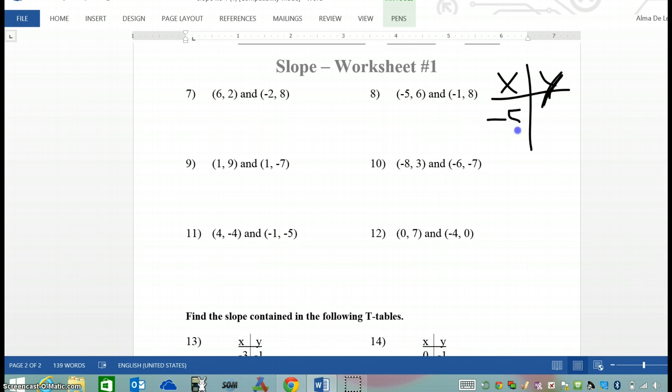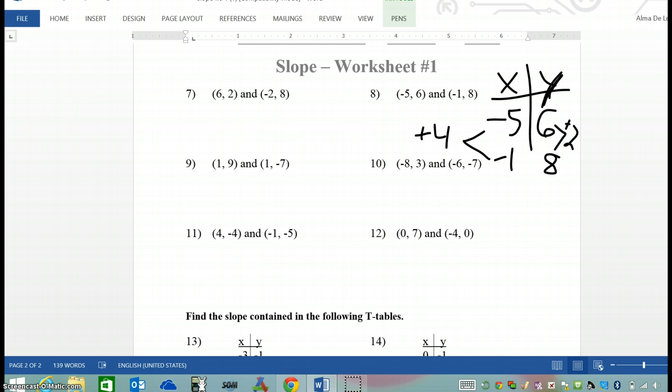I have -5 and 6, and -1 and 8. To go from -5 to -1, I have to add 4. You can put that in the calculator if you don't see that right away. -5 plus 4 will give you -1. And in order to get to 8, I have to add 2 to 6.